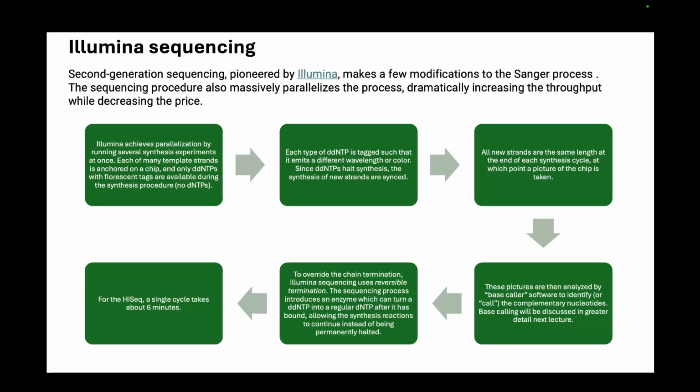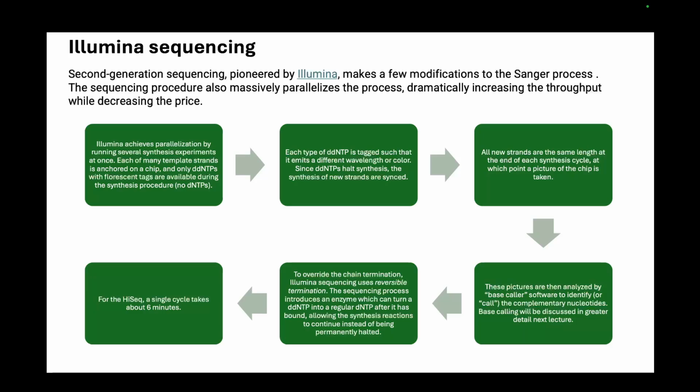For each strand, you do not need to wait for one strand to end to get to another strand. So what you have is sequencing by synthesis, but across a number of different strands. In Sanger, you could do it only for one strand at a time. In Illumina, that number has been massively parallelized.